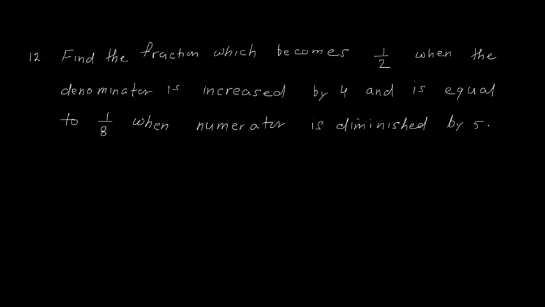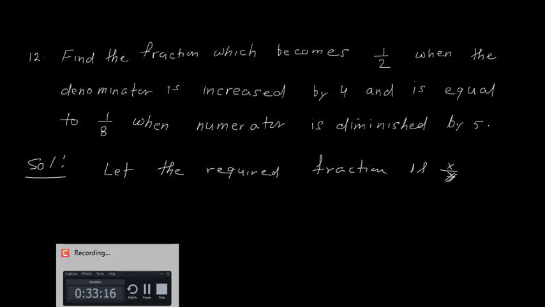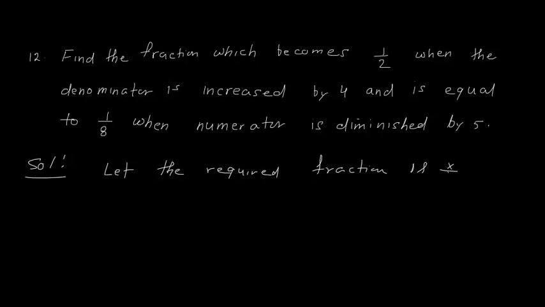So first I will say that the required fraction be x upon y. Okay. So I will say let the required fraction be x upon y. Now it becomes 1 by 2 when the denominator is increased by 4.